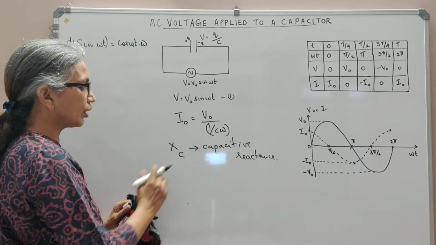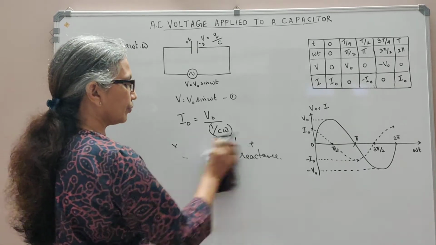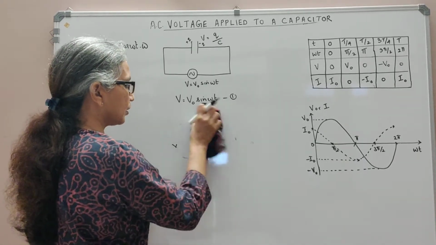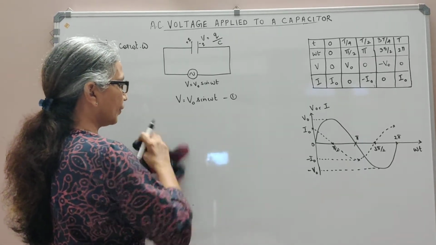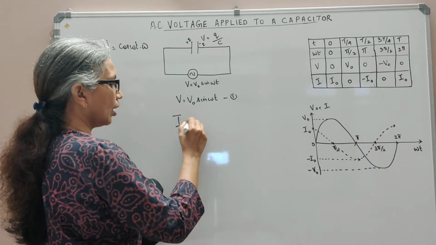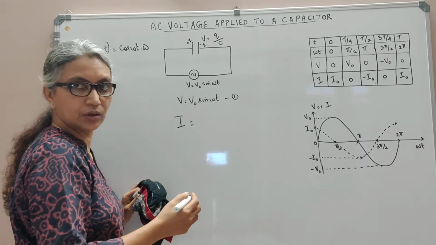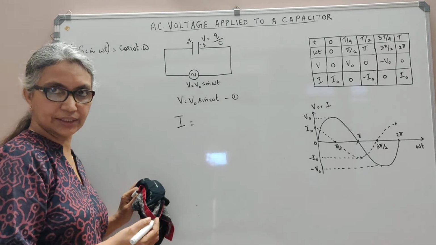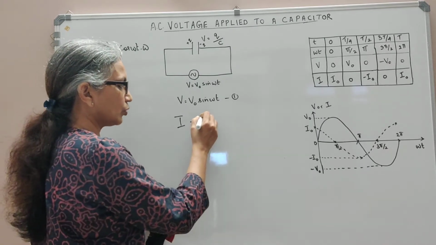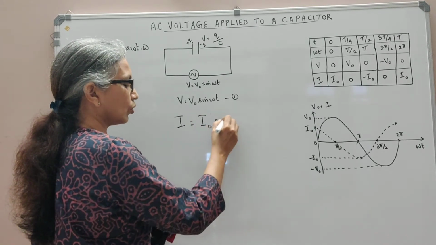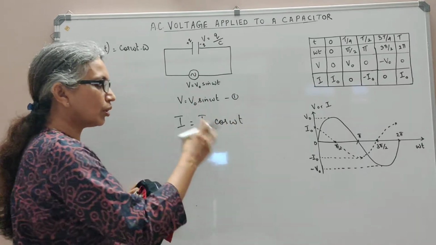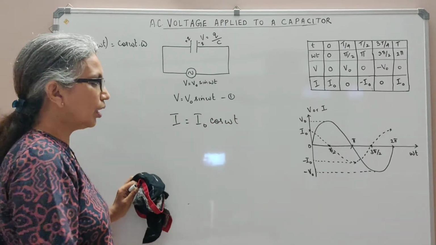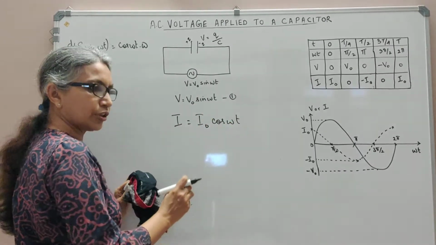Okay, so now we go back to our equation where we replace this with I equal to V0 by 1 by C omega, which is V0 by XC, and replace with I0, and we have cos omega t. Now if I want to compare these two equations, I need to change this to a sine function.